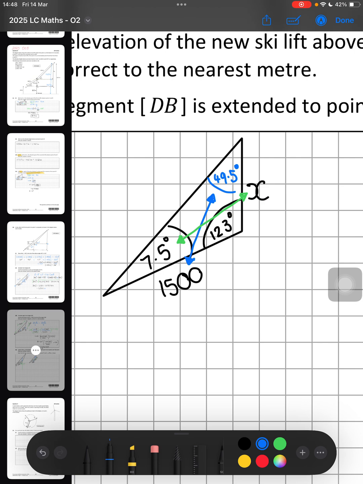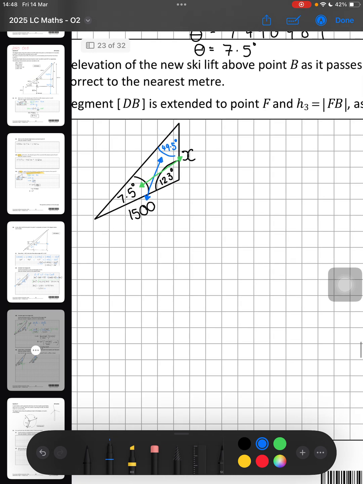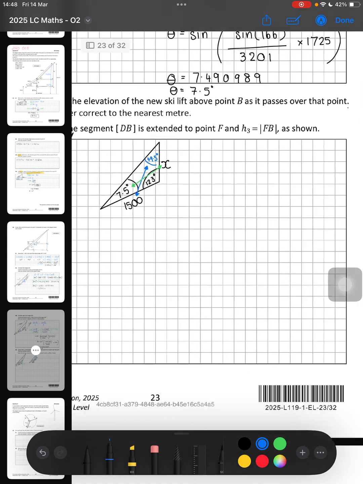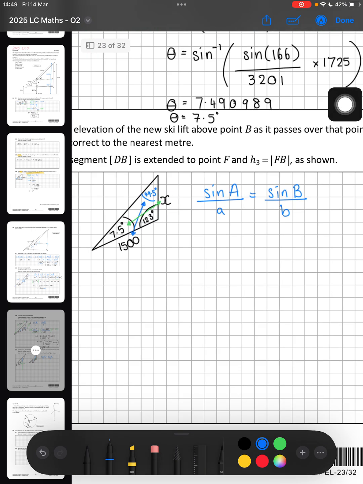Okay, and then I can use my sine rule. I have two pairs of angles and matching sides, so I'll write down my sine rule. Up here, the sine rule that I wrote down was sine A over side A equals sine B over side B. But I like to have my unknown on the top line. You can do it like that, but it'll take a bit more rearranging.